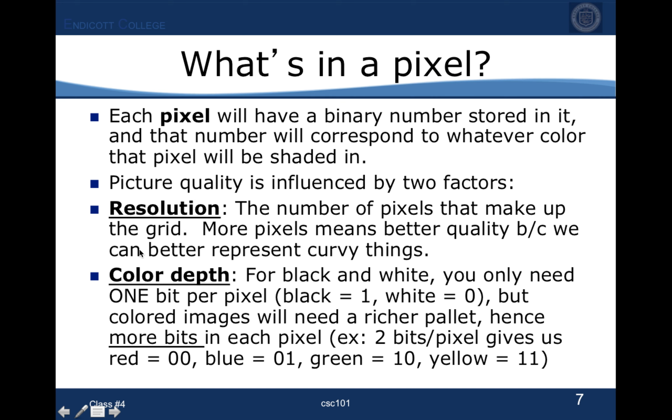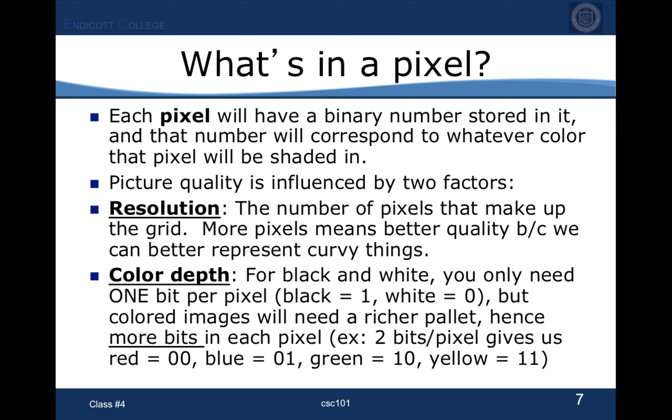The other thing that plays a role in determining how good something looks is called the color depth. Color depth simply refers to how many colors, a pretty self-explanatory term. How many colors can you pick from? As the artist, how many paints are on your palette.